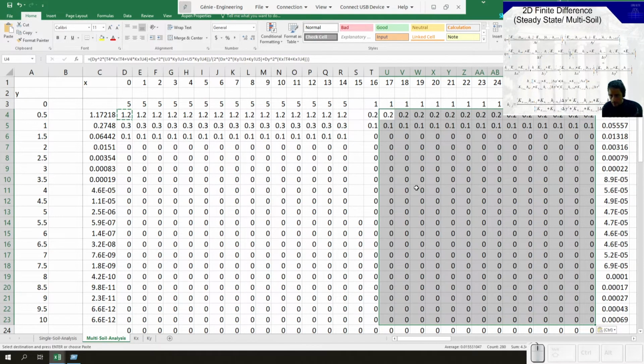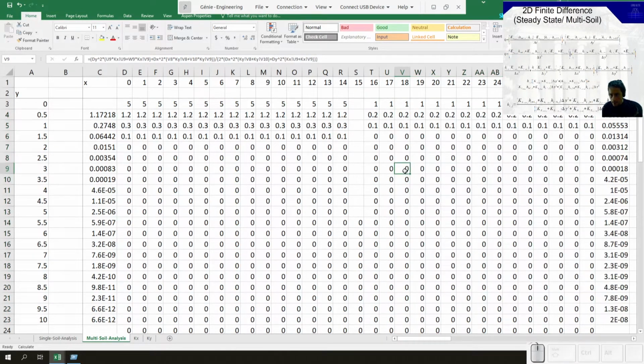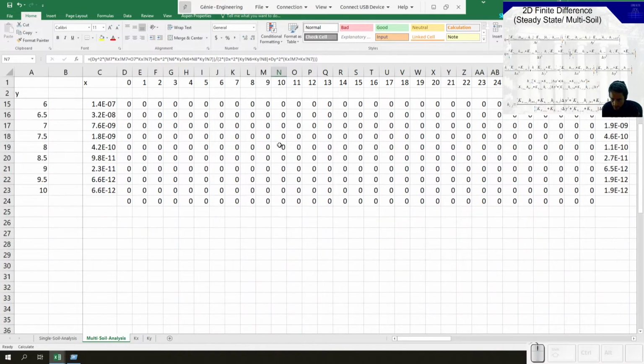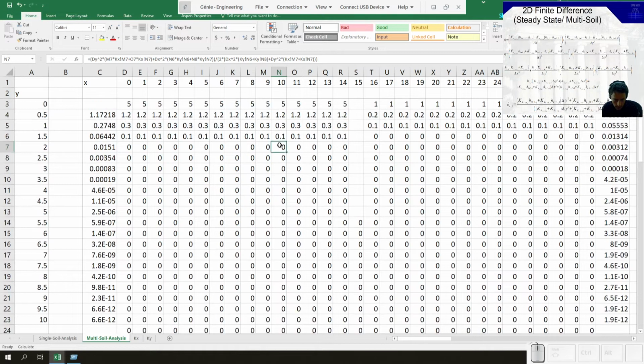Okay, so now pressing F9. Okay, there's obviously a mistake in the calculation somewhere. We don't seem to be converging to any sensible number right now.